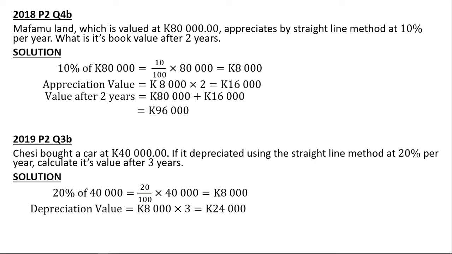To find the value of the car after 3 years, value after 3 years is equal to 40,000 kwacha minus the depreciation value, which is 24,000 kwacha, giving us 16,000 kwacha. So the value of the car after depreciating at 20% per year for 3 years was 16,000 kwacha. As simple as that.